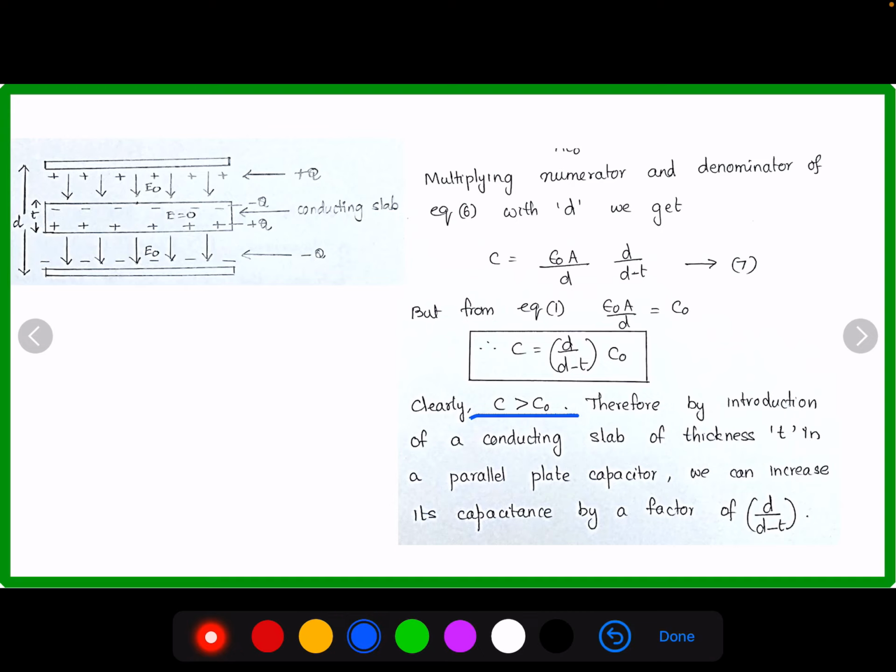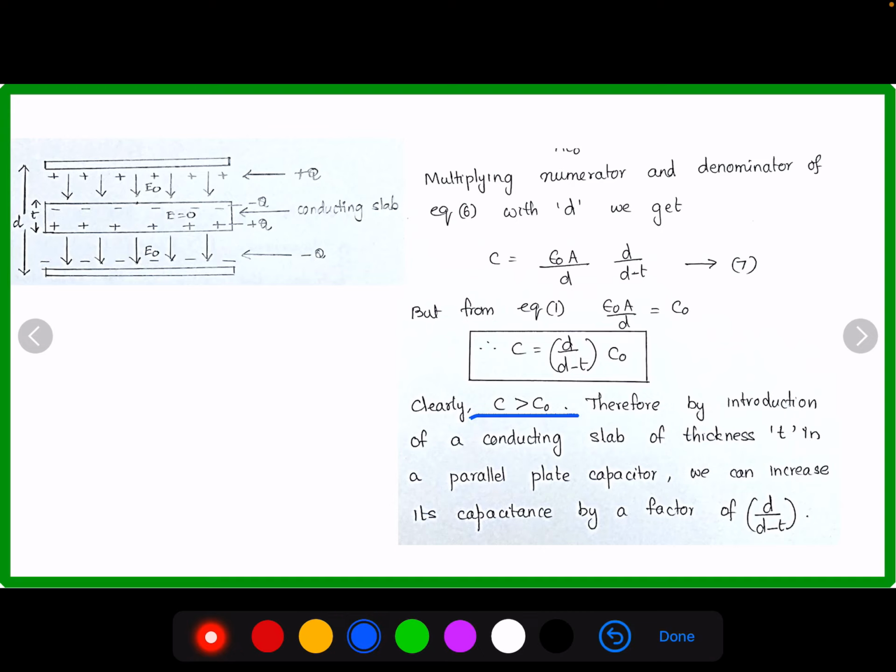That is, capacitance of a parallel plate capacitor with conducting slab is greater than that of a parallel plate capacitor with vacuum in between the plates.